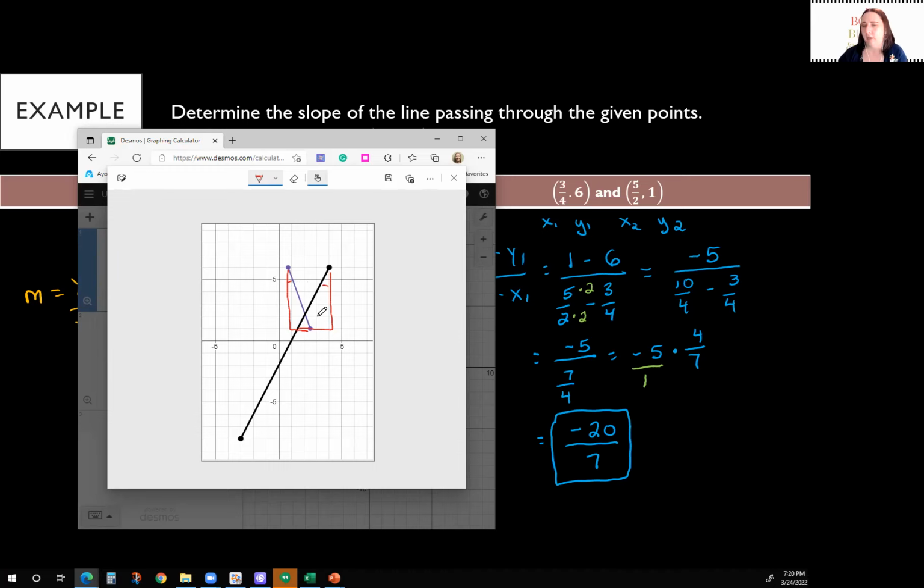So the number for our second slope here, the negative 20 over 7, is steeper than the first slope. We got 7 over 6. They're in opposite directions. One's going up, one's going down, but you can compare the steepness just comparing with the numbers.